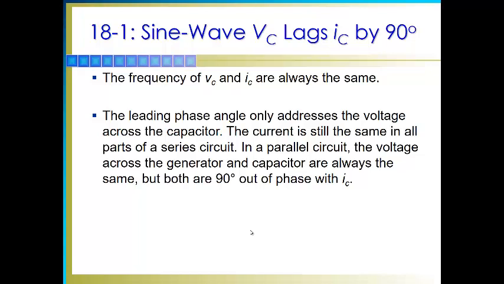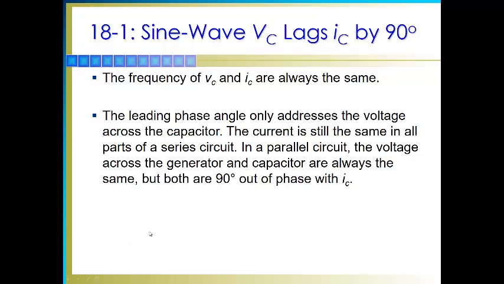Now, they are out of phase, but the frequency must be the same. So we covered this in previous chapters. The frequency of the capacitive voltage and the capacitive current must be the same, meaning that the same number of cycles per second must happen for the voltage and the current.